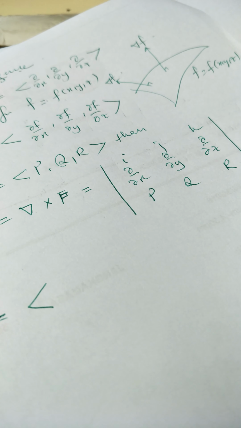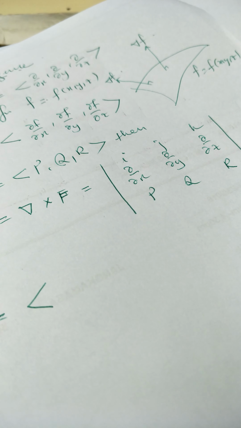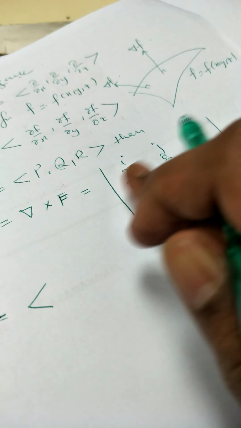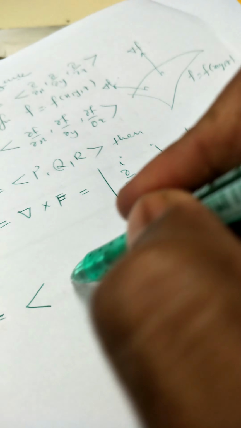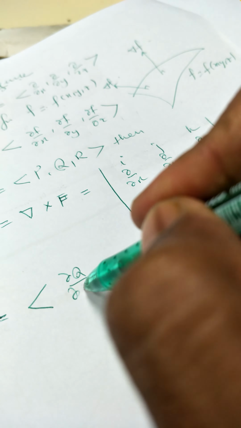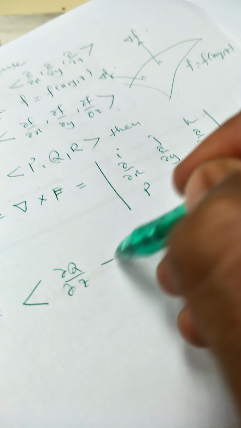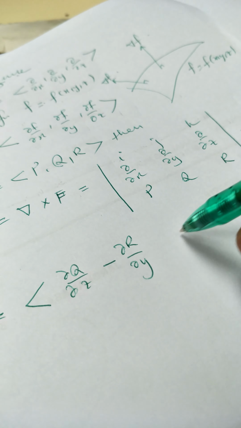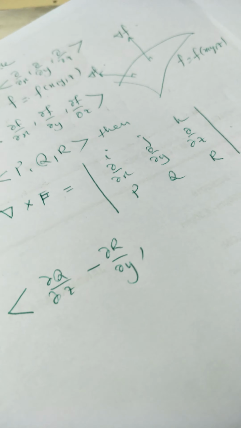So what we have, del Q del z minus del R del y, this is for i.